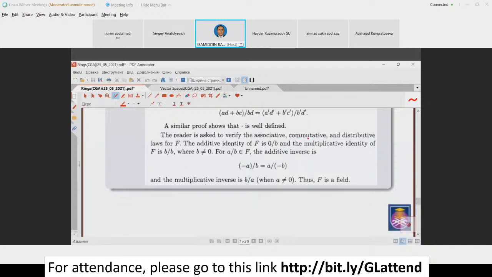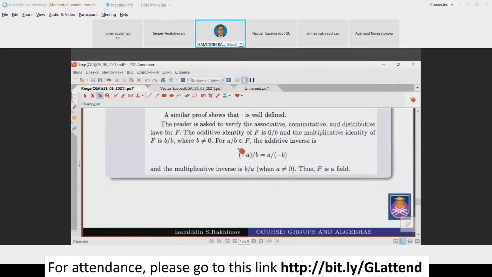Okay, then addition and multiplication are given, 0 is given, additive identity is the 0 over B class. Multiplicative identity also is given, it is the B over B class. B is not 0.